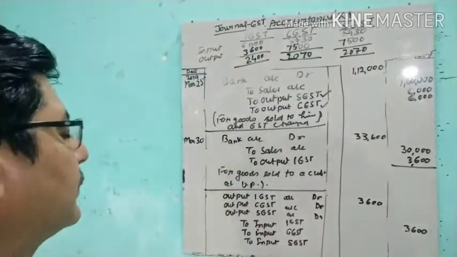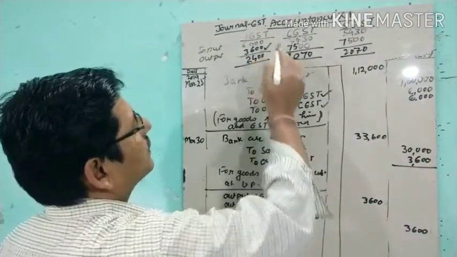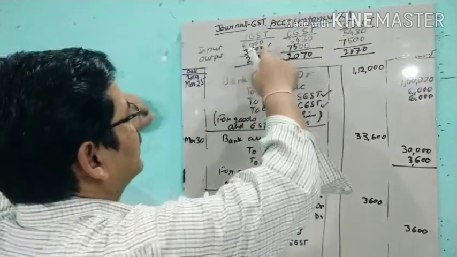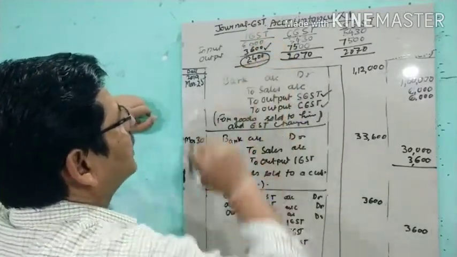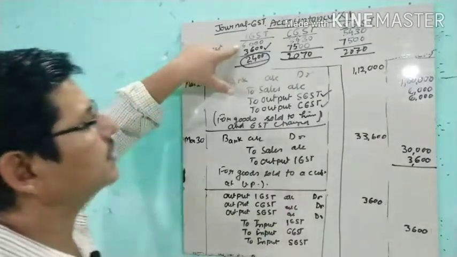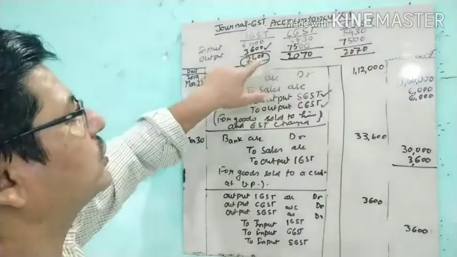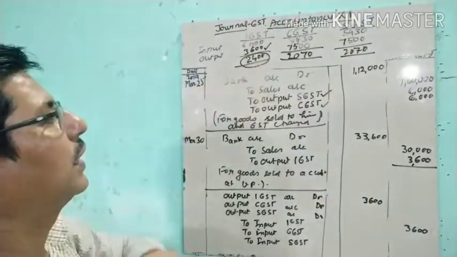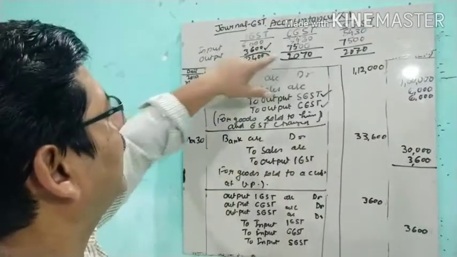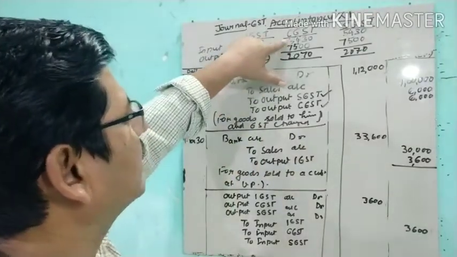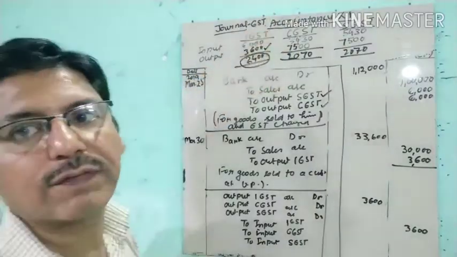Okay, this has been adjusted. Now this and this remained. 2,400 is still to adjust, because we had paid 6,000 and only 3,600 is adjusted. Now come to this. While buying, we had paid 5,430, and when we sold, it is 7,530.